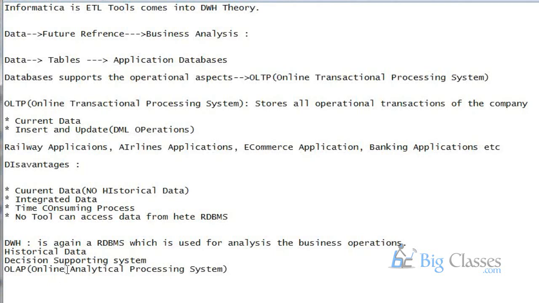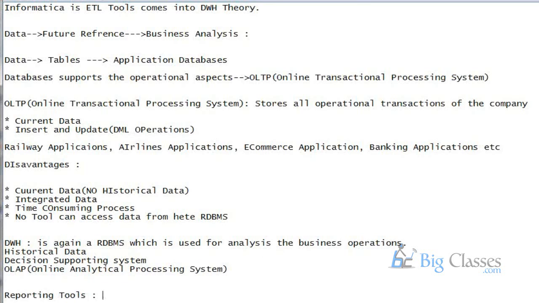I can perform the analysis by seeing the data in the data warehouse. Once we have the data in the data warehouse, the business users can analyze the business by using tools called reporting tools.